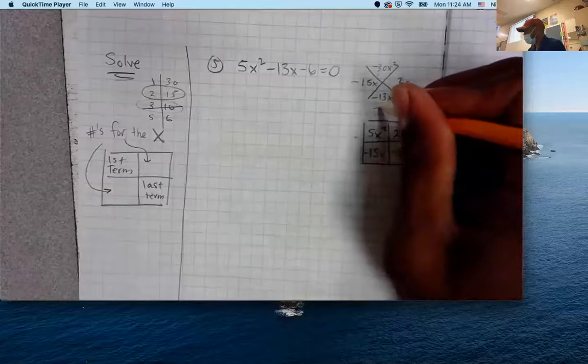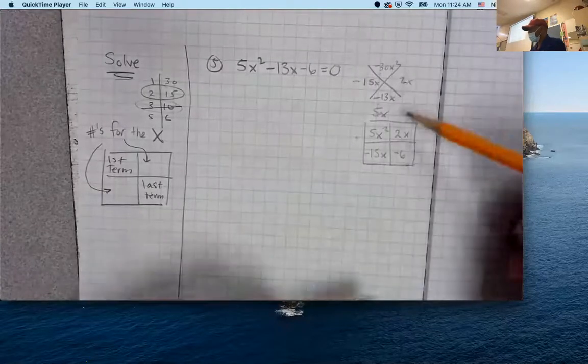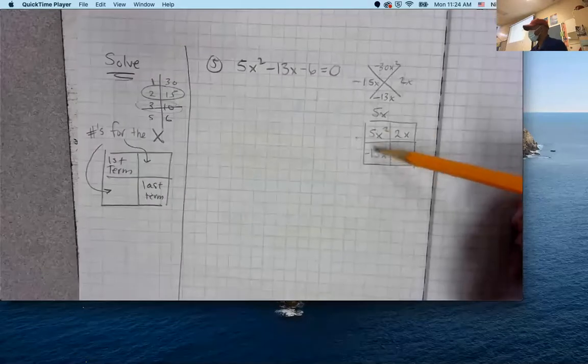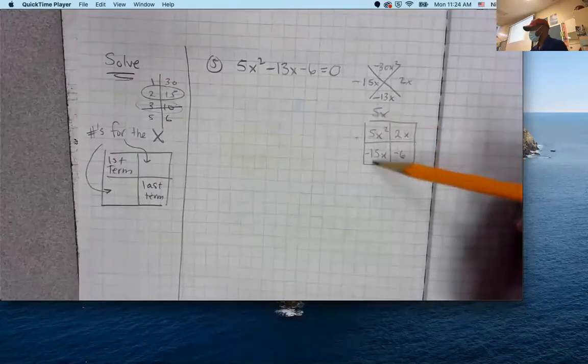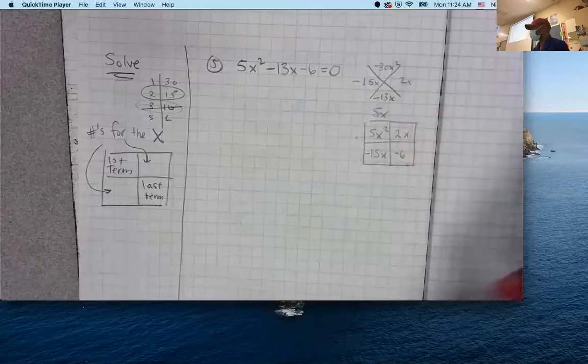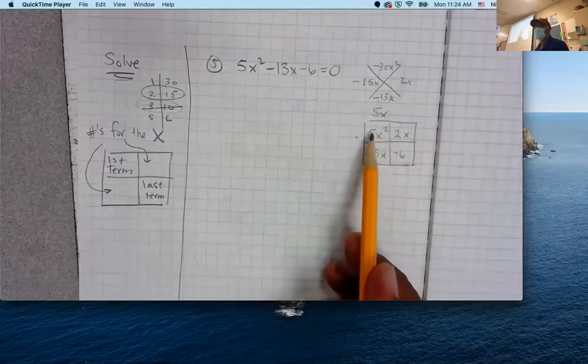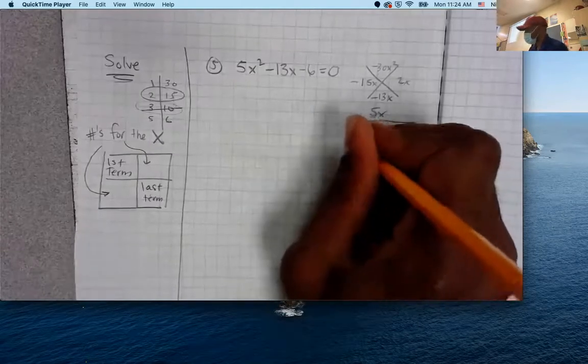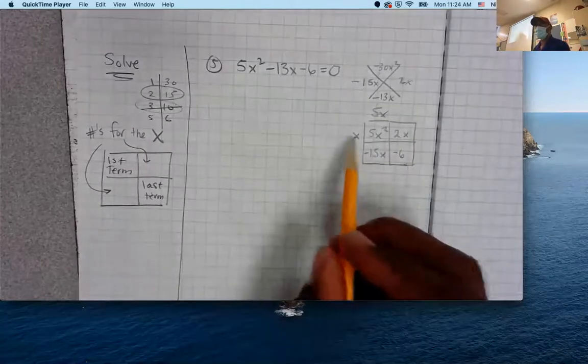Right, it goes to the top. If you look at -15 and 5, the common factor between those two is 5. So if I go straight up and down, I know that's the common factor. If I go straight across this way, the common factor between 5 and 2 is just 1. So that's where the x goes.